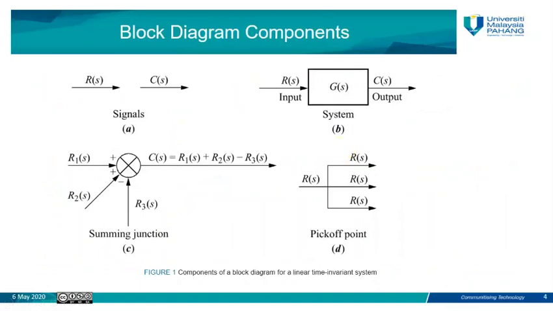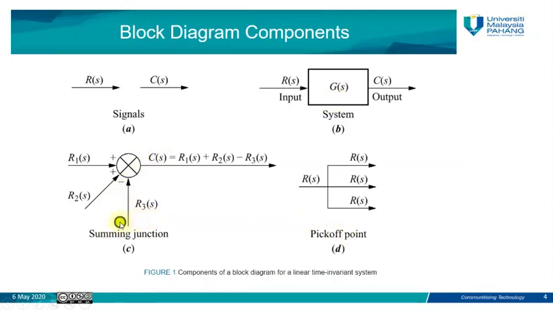So as we can see here, this is the single block control system, which has three elements only: input, output, and transfer function. And here we have the extra elements, which are the summing junction and pickoff points.